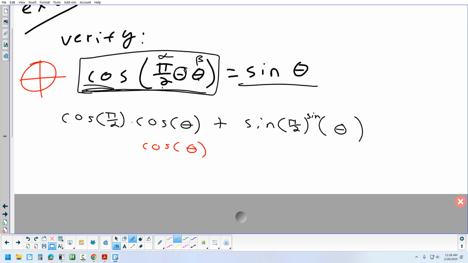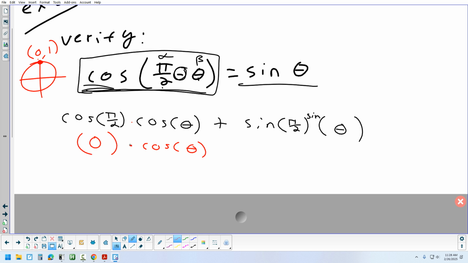What's pi over 2? 90. Where's 90 on the circle? Straight at the top. 0, 1. And cosine is which letter? Cosine is the x. So cosine of 90 is 0.